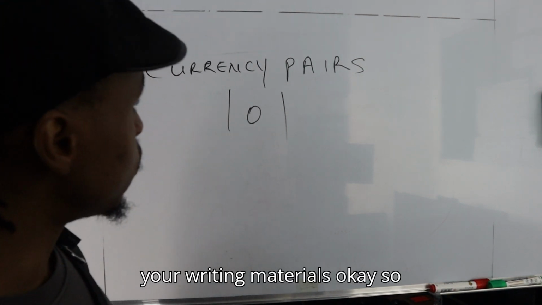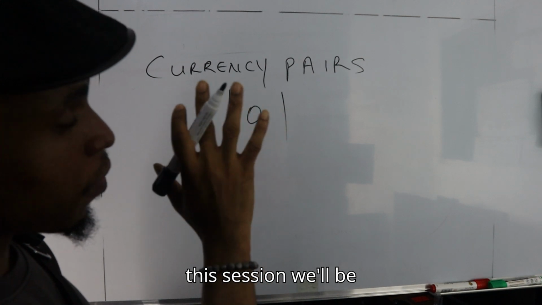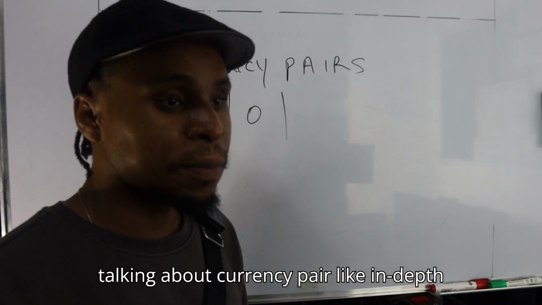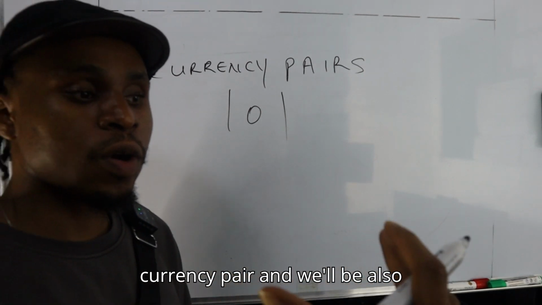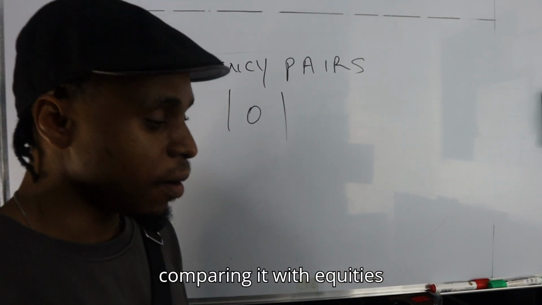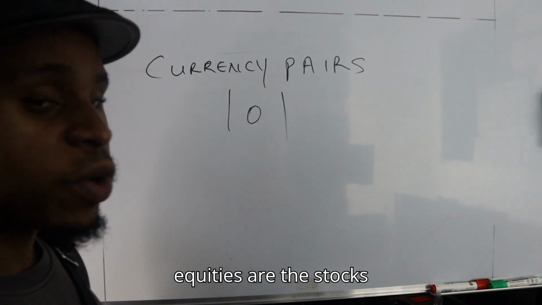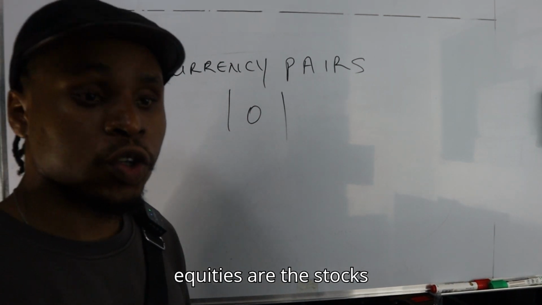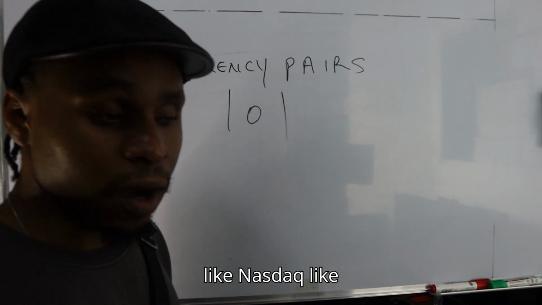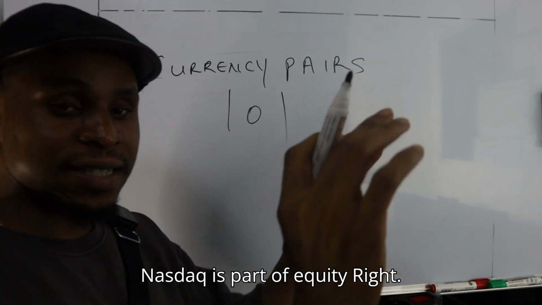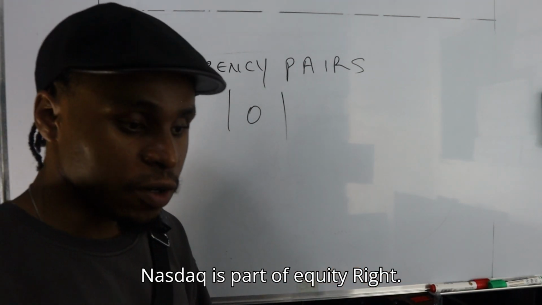So this is currency pairs, and we'll be talking about them in depth, and also comparing them with equities and commodities. Equities are stocks, like the Nasdaq. Nasdaq is part of equities.